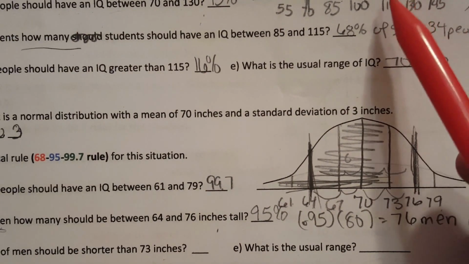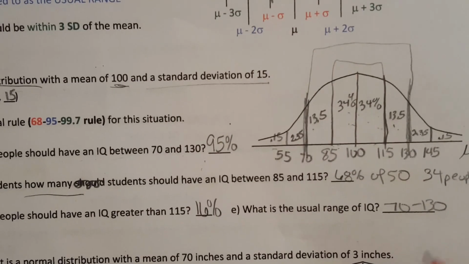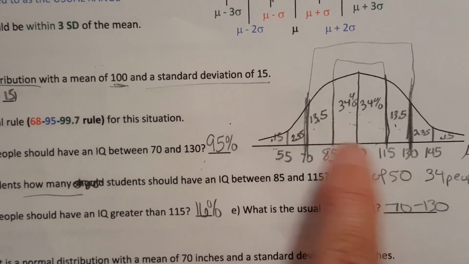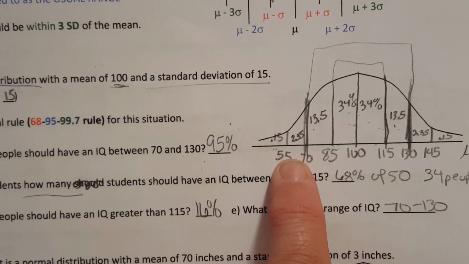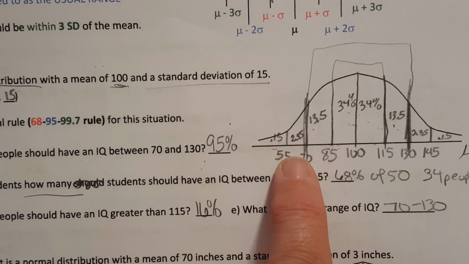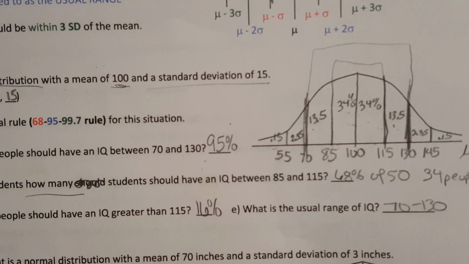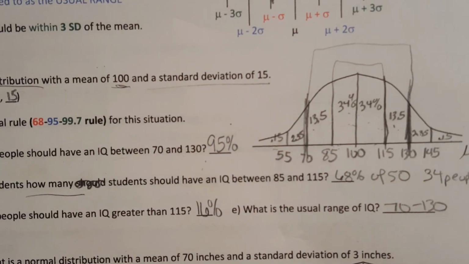So if we added up all of our percentages, that would be 34 plus 34 plus 13.5 plus 13.5 plus 2.35 plus 0.15. Too many plus signs. I get 97.5%.